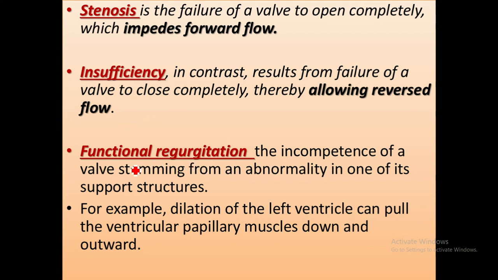Regurgitation sometimes is called functional when heart valve is normal but the incompetence of valve arises from abnormality in one of its supporting structures. For example, left atrium can be affected by many disease processes and undergo hypertrophy. Dilation of left ventricle can pull the ventricular papillary muscle down and outward, which also pulls mitral valve.